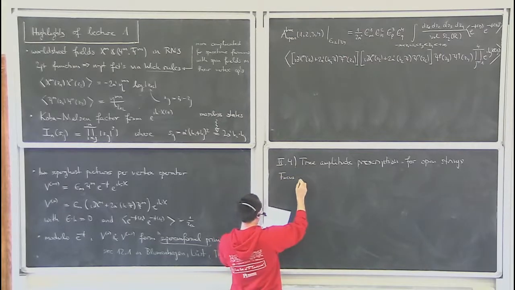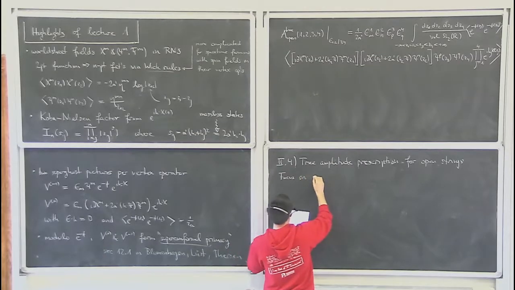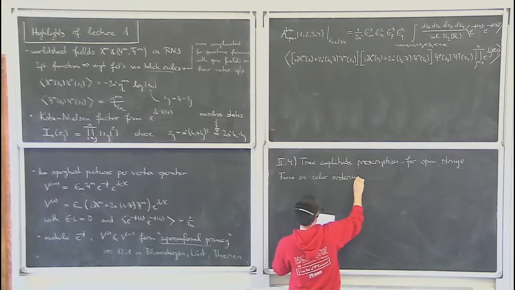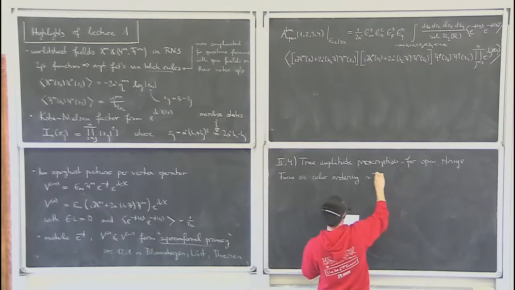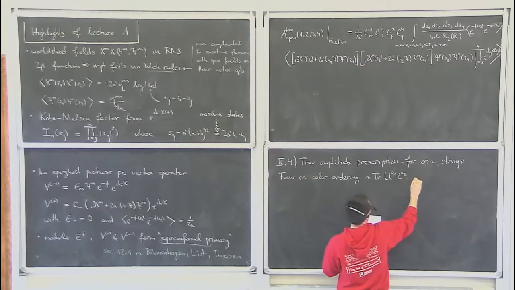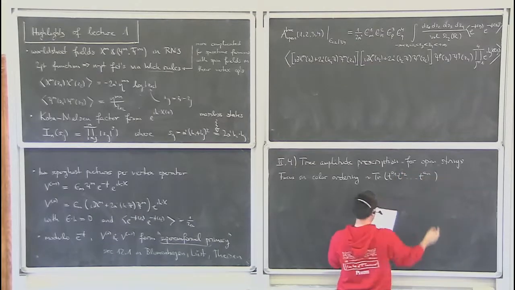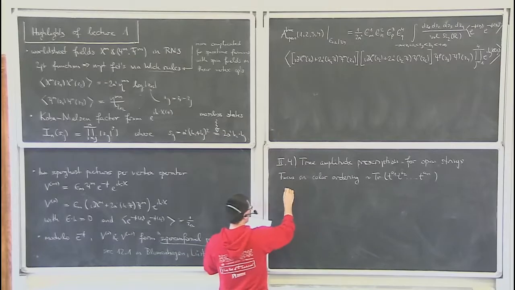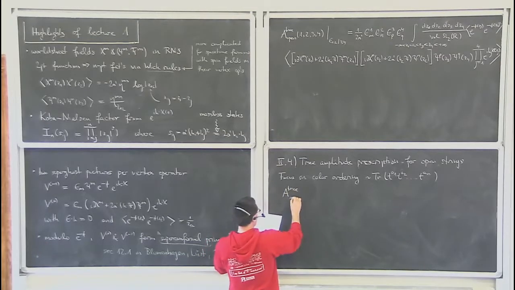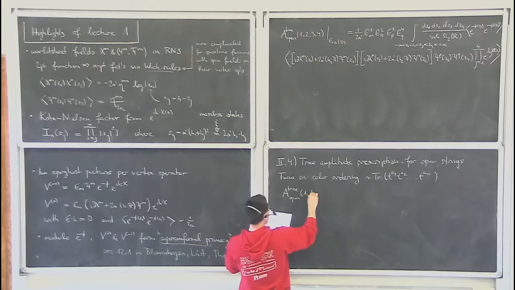And to make life even more simple, let's focus on one particular color ordering. Let's only stare at the coefficient of a particular trace ordering for the color degrees of freedom of the external states. So we'll be interested in an object which was denoted as follows in yesterday's lecture.